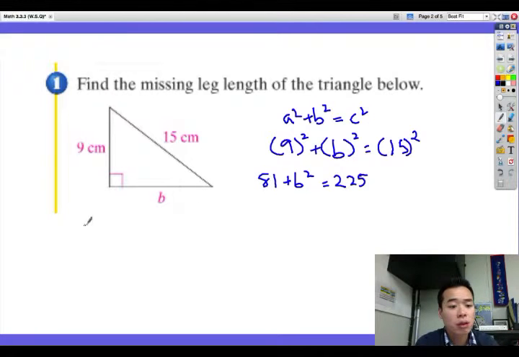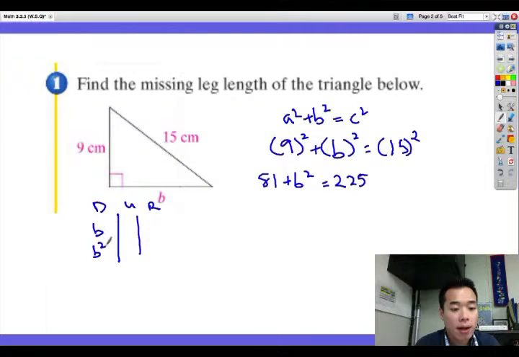You can definitely do the do-undo table if you want. Let me show you that real quick. Here's my do-undo table. Here is b. The first thing that happens to it is it gets squared, and then it gets added to 81. So the first thing I need to do is subtract 81 from both sides, and then the opposite of squaring is the square root of b.